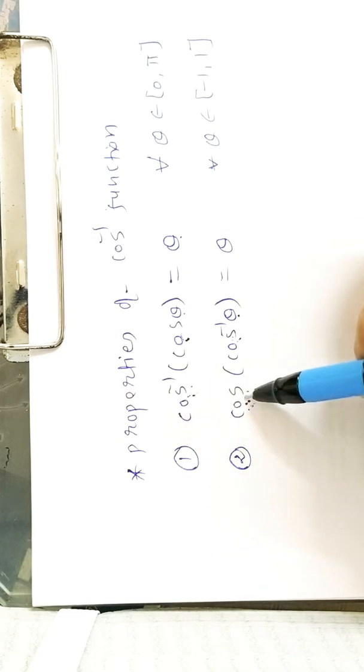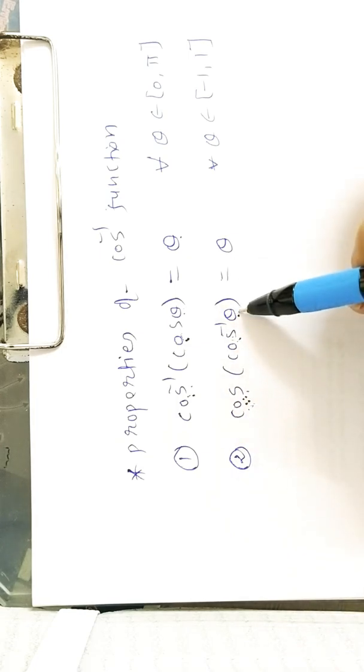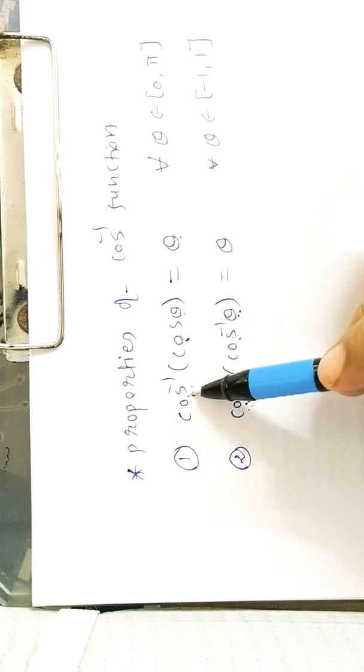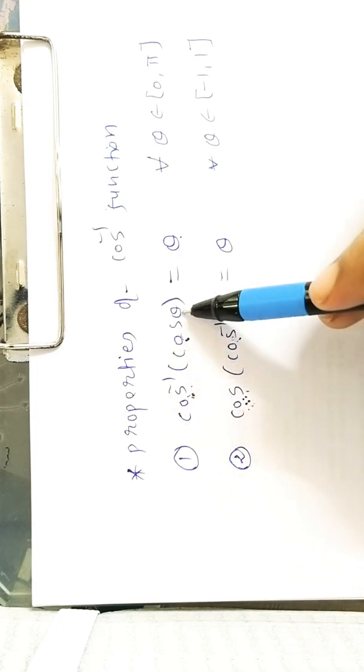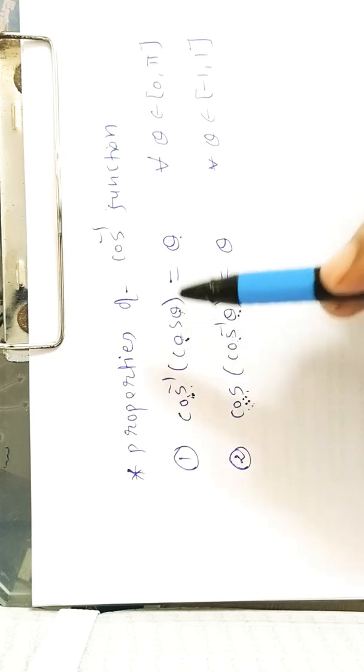Here the outer function is cos, and the range of the cos function is -1 to +1, so we are checking whether theta belongs to -1 to +1 or not. In the first illustration, the outer function is cos inverse and its range is 0 to pi, so we are checking whether theta belongs to 0 to pi or not.